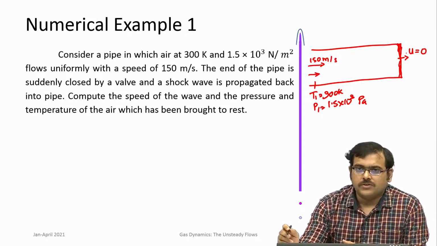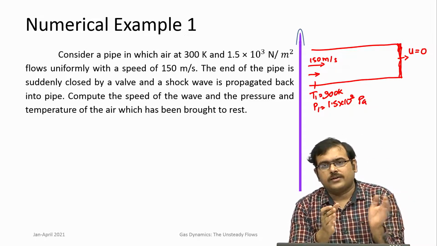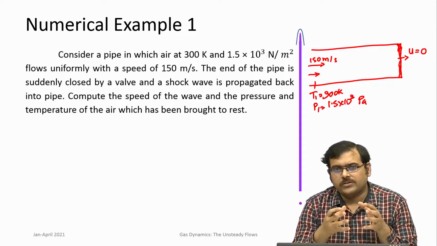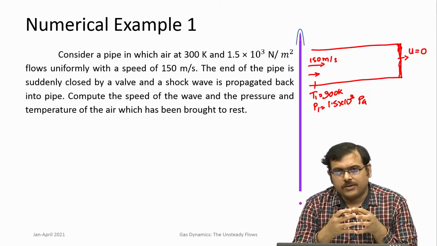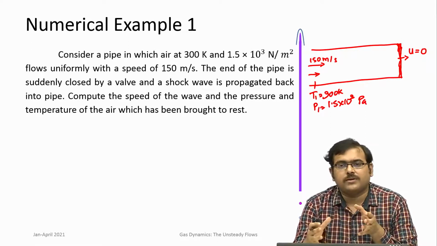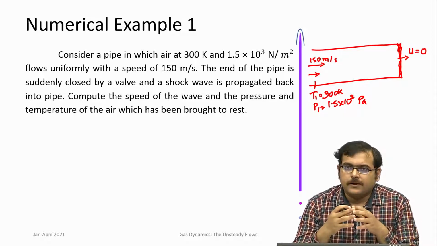So you should get u equal to 0 at the wall. Now you should connect this to whatever we had discussed in our classes on unsteady flows and moving shock waves. When is this accomplished? This kind of motion can be accomplished when you have to suddenly bring a high speed flow to rest. 150 meters per second is quite a good speed. This is done by a shock.